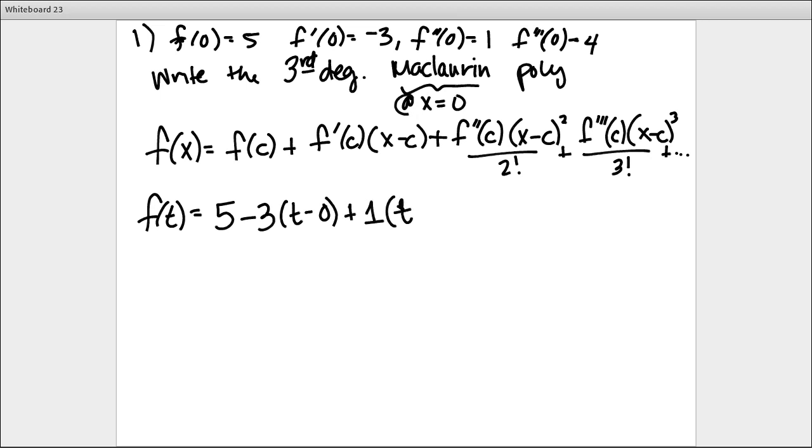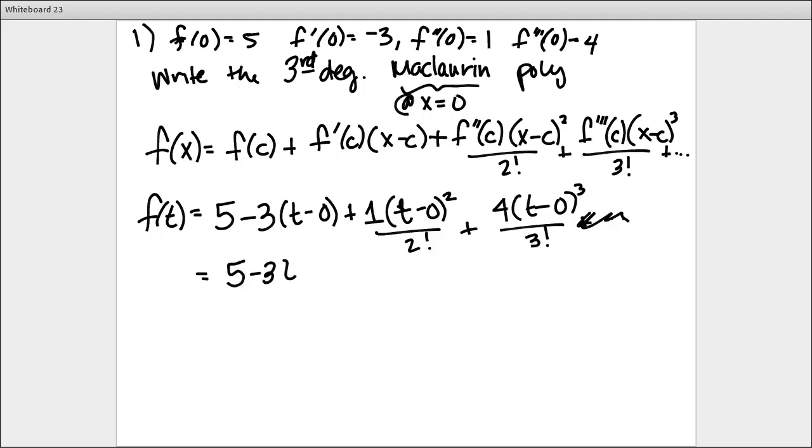But I can just leave t. And then plus a 1 times t minus 0 squared over 2 factorial, and then plus a 4 times t minus 0 cubed over 3 factorial. And it technically keeps going, but for the third degree polynomial, we would just stop right there, right?